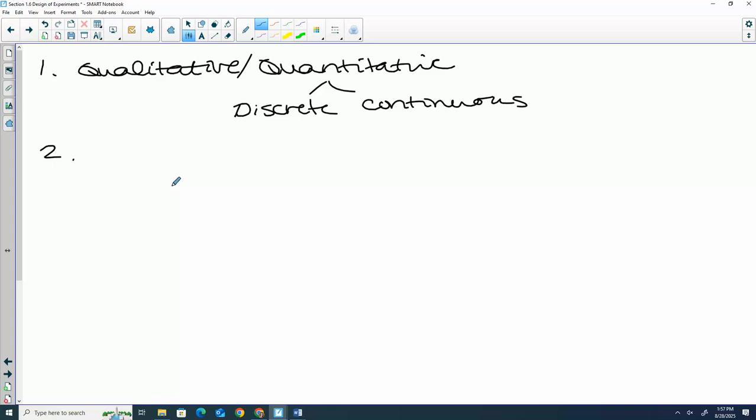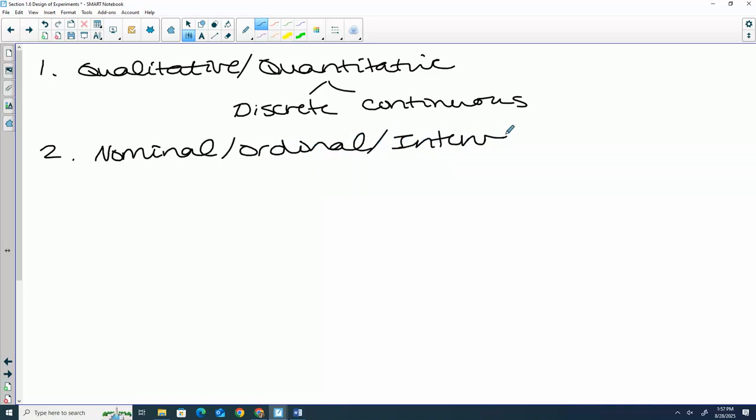Yes. All right, then I'm going to ask you about nominal, ordinal, interval, ratio. Okay, so you have to identify which is which. Remember, nominal and ordinal are when you have qualitative data.